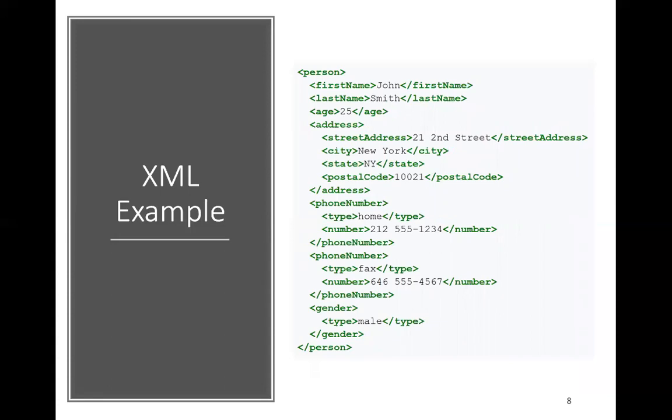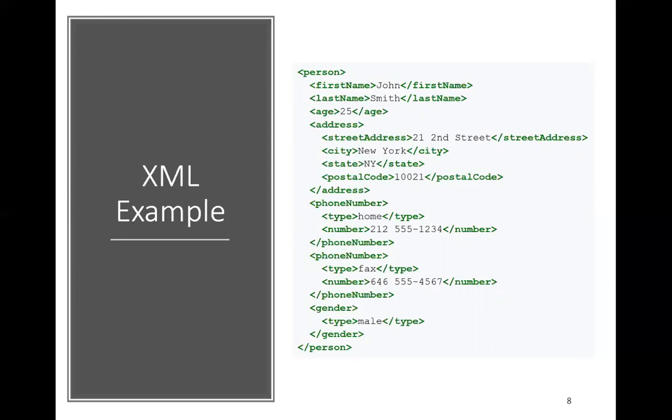XML defines a set of rules for encoding documents in a format which is both human and machine readable as well. It looks similar to hypertext markup language, to HTML. There are very strict rules on formatting tags insofar as being able to define what different data mean. I'm not going to ask you to give me examples and define whether something's XML or JSON in the exam, but you just need to know about XML and JSON.